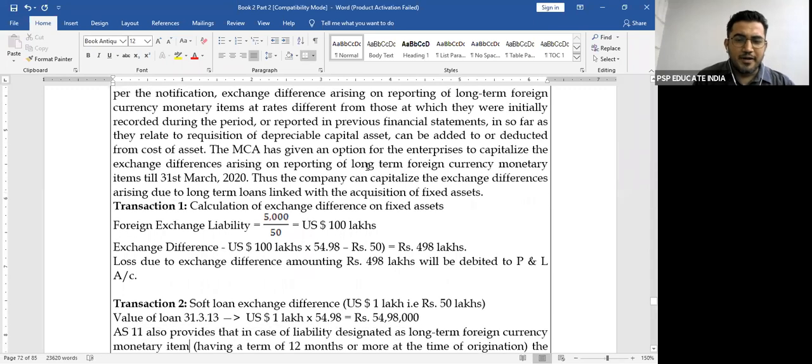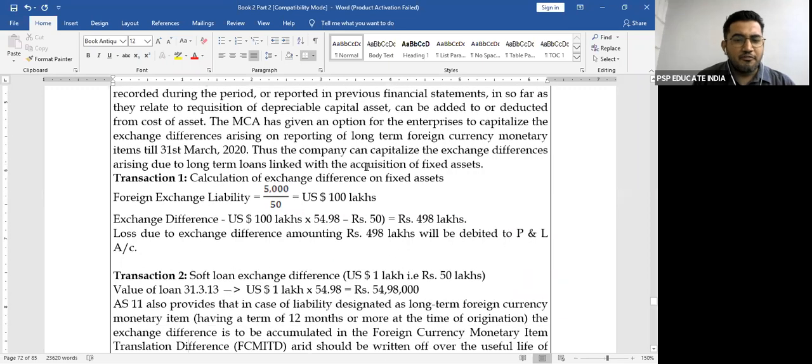So your loss will be debited to the profit and loss account. Do make this change in your solution, the change that I'm highlighting.